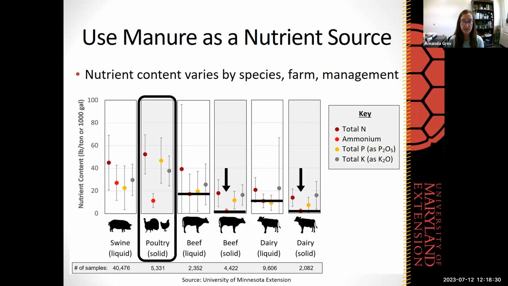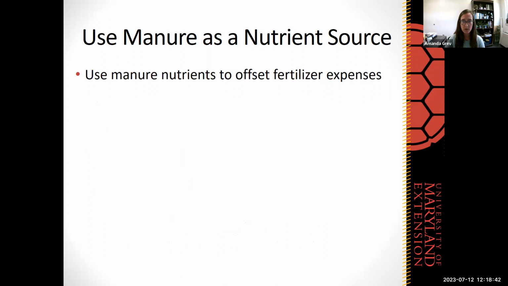But just wanted to point out that solid manure may contain a little bit less overall, but it also usually contains nutrients that are a little bit more stable or less prone to volatilization compared to the liquid manure. So we can use these nutrients in our manure to offset those fertilizer expenses because like we said, manure is a good source of nutrients.